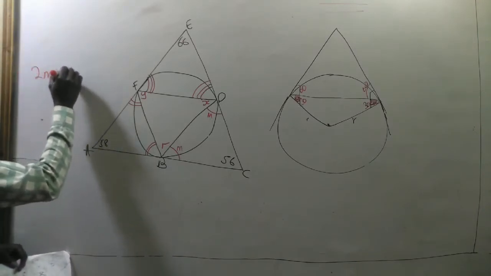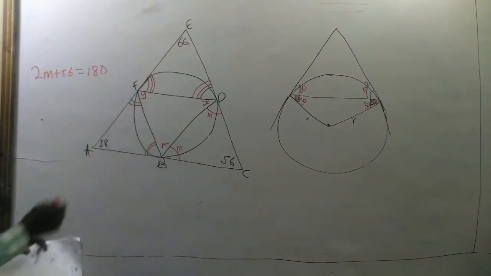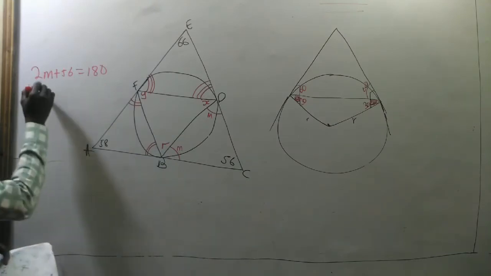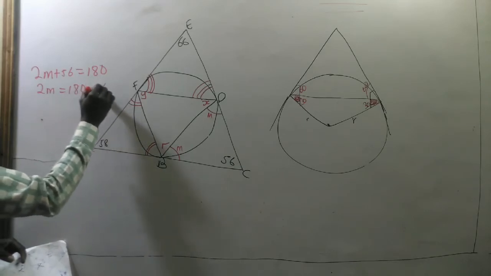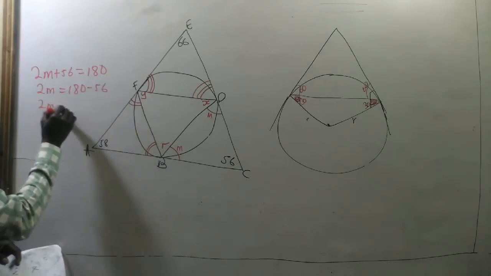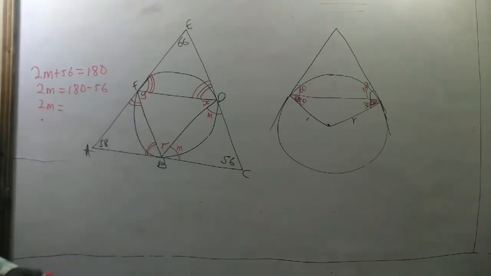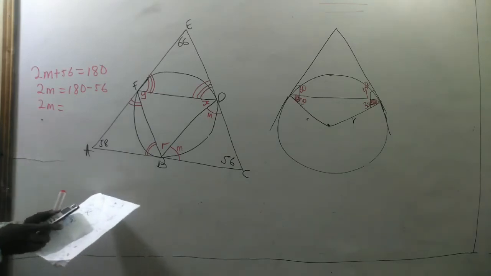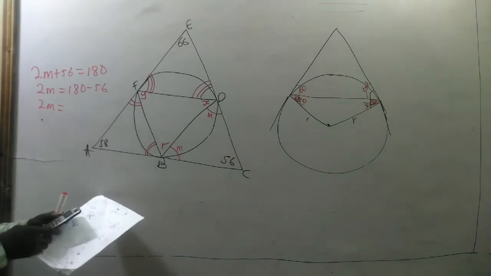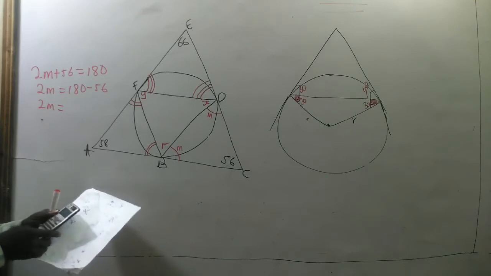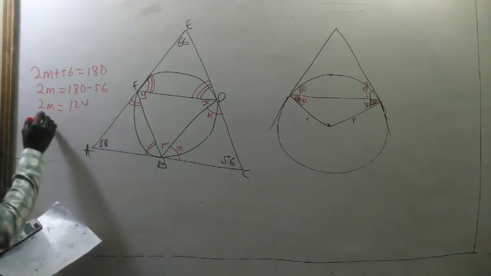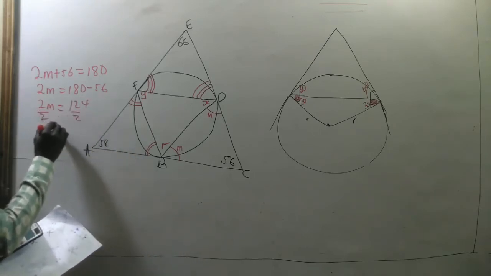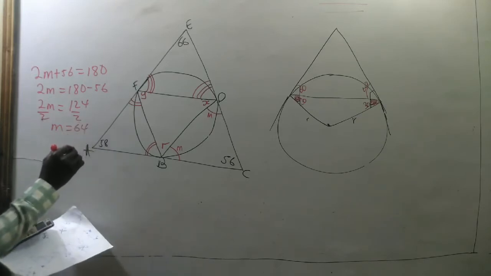So we are going to have 2M plus 56 equal to 180. And that we will take 2M is equal to 180 minus 56, and 2M will be 180 minus 56 is 124, divided by 2 will give us 62. So M will be 62.